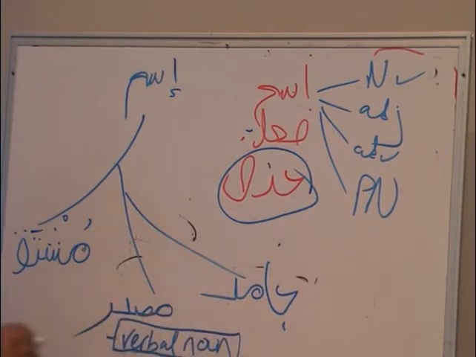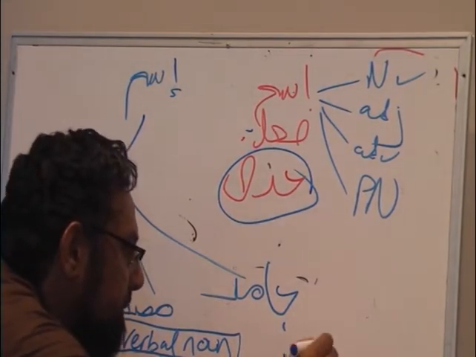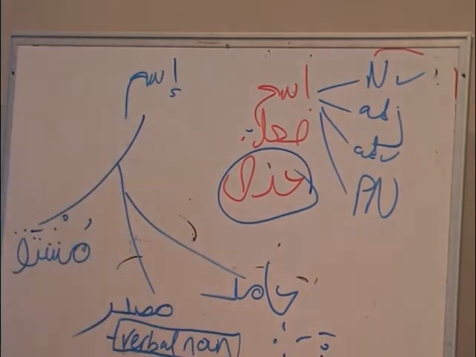Remember, a verb has an action plus tense. A verbal noun has just the action, but not the tense. For example, a verbal noun would be "to eat," akal.